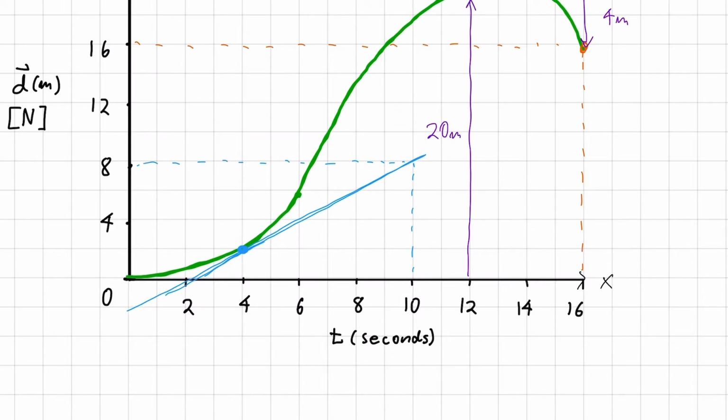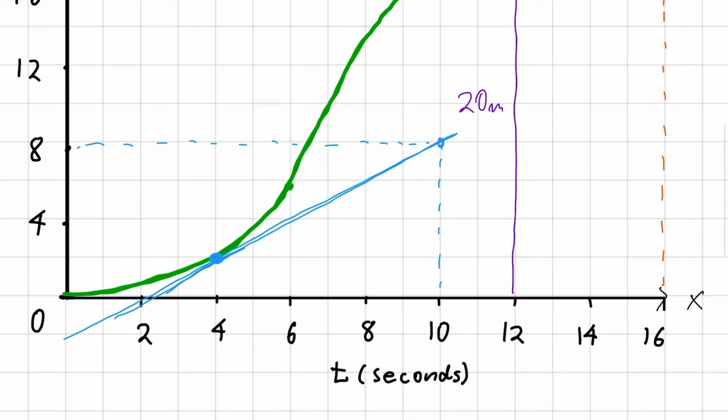So on our tangent line, we're going to find a clean spot, like this, that's got a nice number for the meters. That's 8 meters. I'll write it over here, 8 meters in 10 seconds. So that's our final spot. And our beginning spot here, 2 meters, 4 seconds.